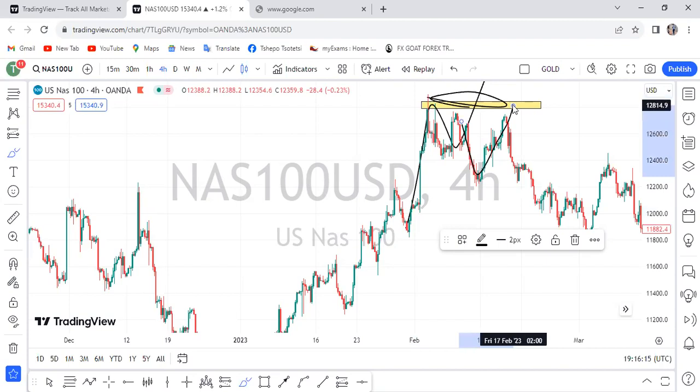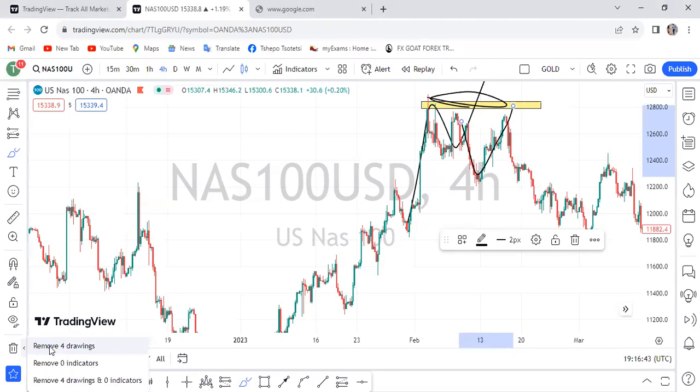A double top. Now we're having a double top, which shows that the market is failing to make a higher high, so it will reverse. The market will start to reverse because it failed to make a higher high. This is a signal of a change of direction, because the market now failed to make a higher high. It made the same high.